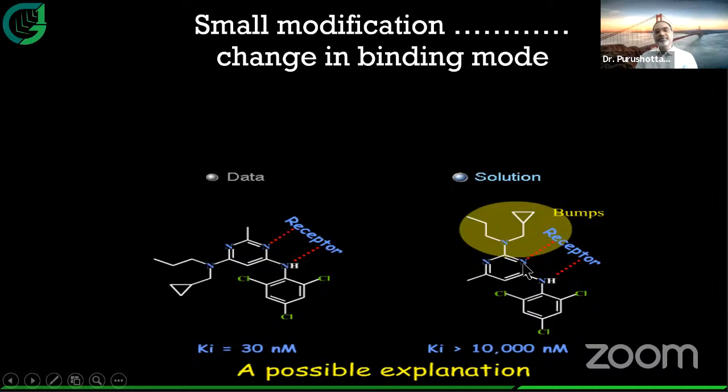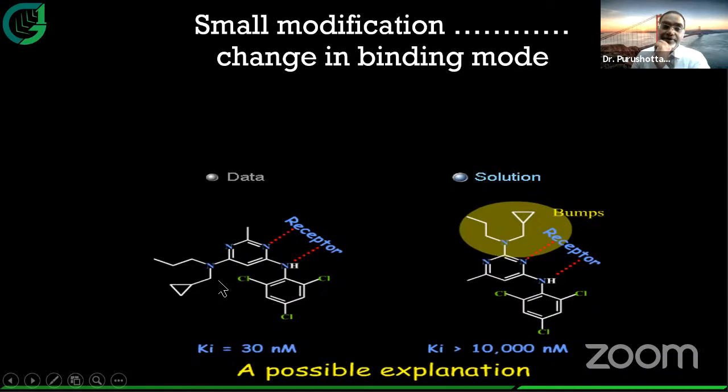But what is happening is that because of the cyclopropyl substitution and the propyl substitution on the nitrogen, it is coming towards the protein's backbone structure and causing a bump. So these interactions between the ligand and the protein are getting lost, and the compound totally loses activity.